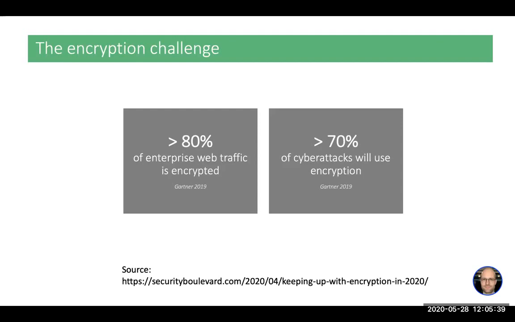But on the flip side, of course, adversaries are also using encryption, and in fact, many attacks today have some component of them that are encrypted, if not an entirely end-to-end encrypted attack.